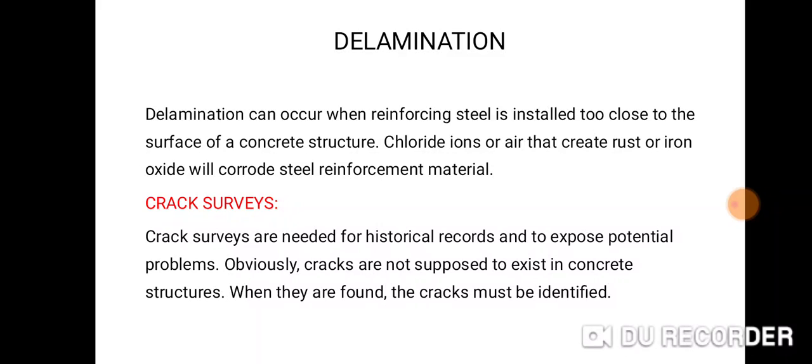Delamination can occur when reinforcing steel is installed too close to the surface of a concrete structure. Chloride, iron, or air that create rust or iron oxide will corrode steel reinforcement material. Crack surveys are needed for historical records and to expose potential problems. Obviously, cracks are not supposed to exist in concrete structures. When they are found, the cracks must be identified.